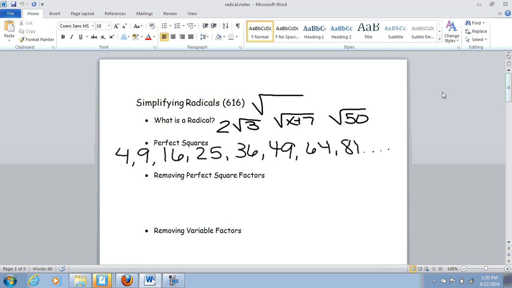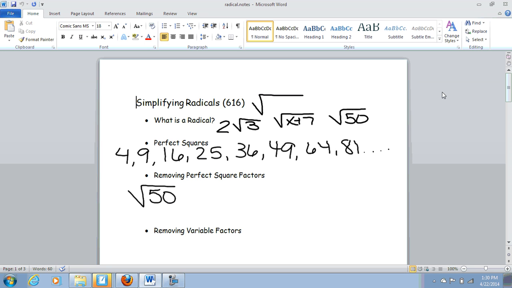It's helpful to know those because we're going to talk about removing perfect squares, which is example 1 on page 616. And I want to go back to the square root of 50. If we talk about the square root of 50, 50 is a composite number, meaning it has other factors.